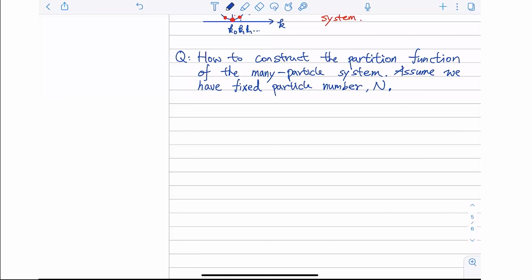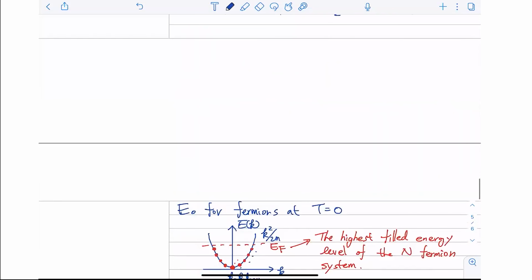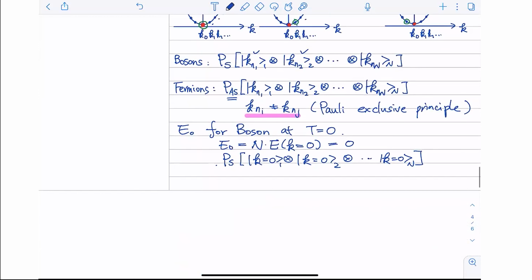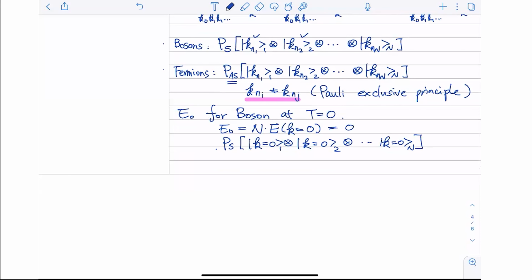Okay, so in the above discussion, we noticed that the most important difference between bosons and fermions is that in a bosonic system, we are allowed to form a configuration such that everybody is sitting at the same state, right?